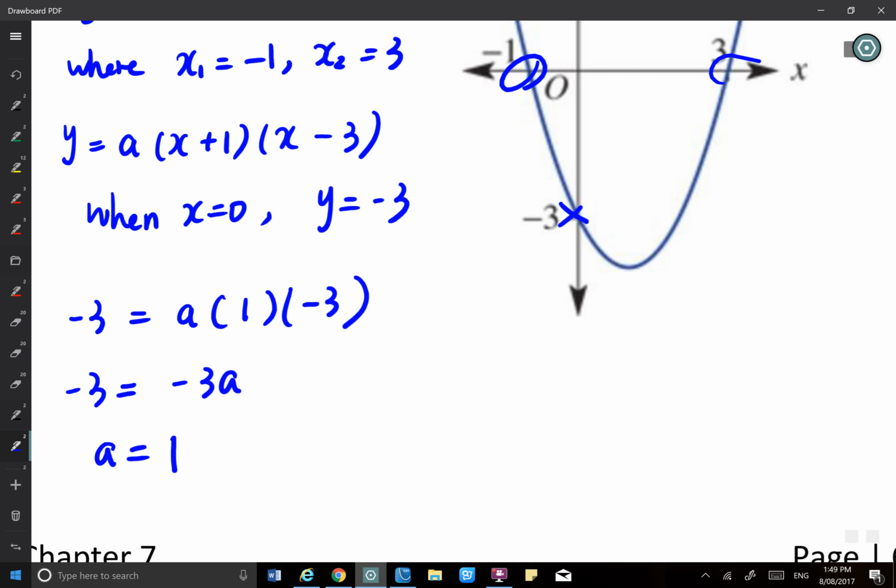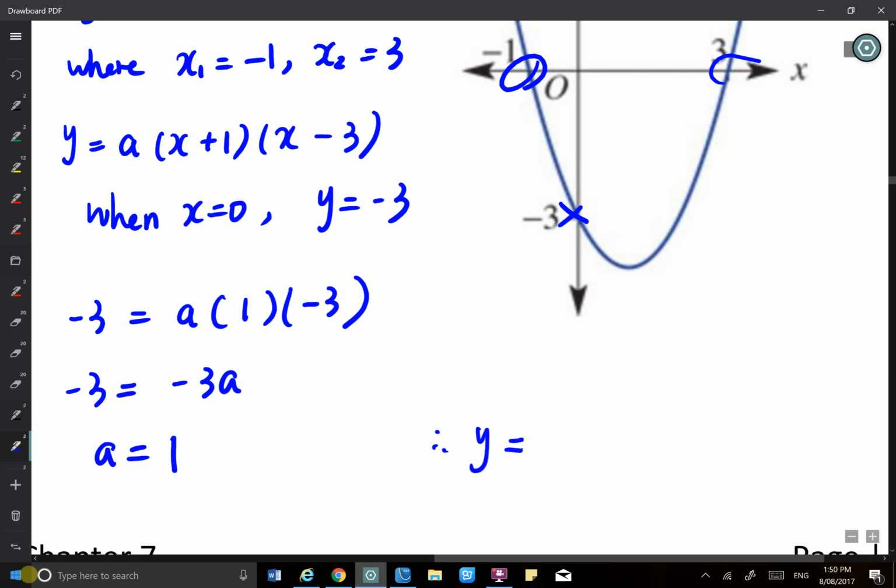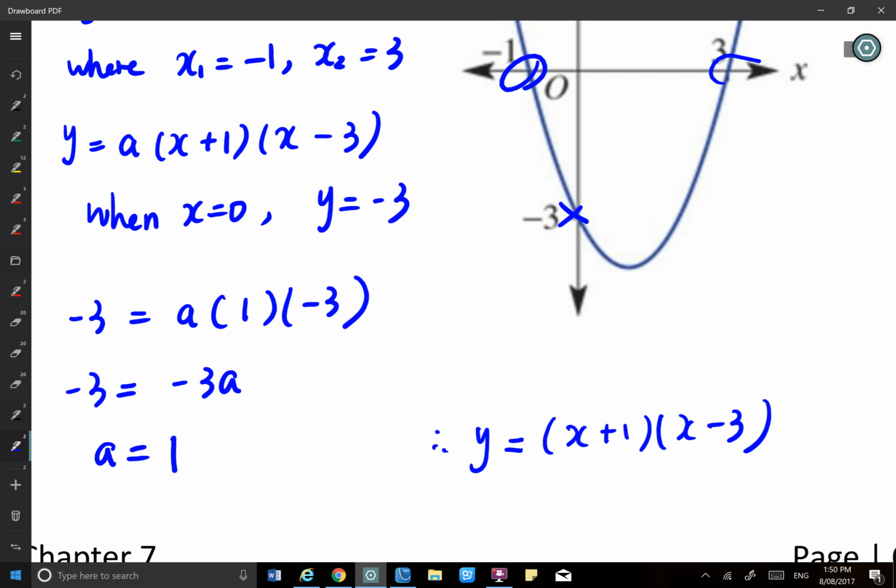But not every time a will be 1. a could be a half, a could be 2, any number depending on what you have solved out. So you make the conclusion that (x + 1)(x − 3) will be the solution, but a must be calculated first. We calculate a and say a is 1, then we make the conclusion.